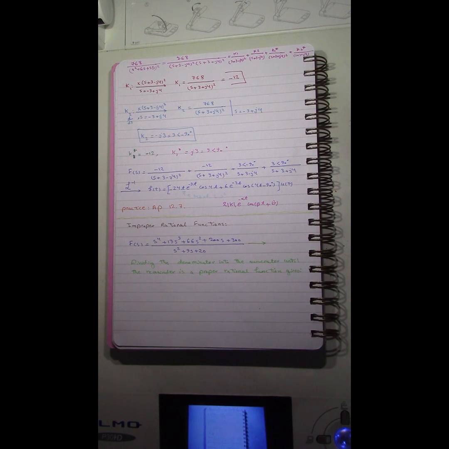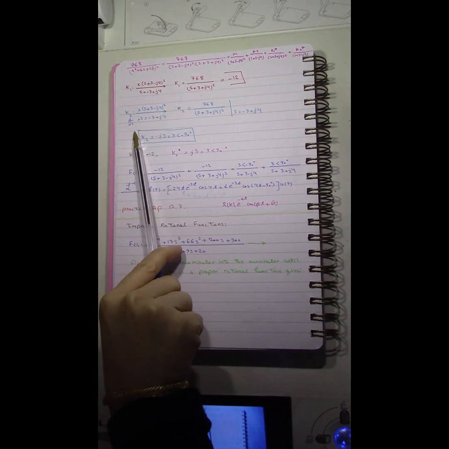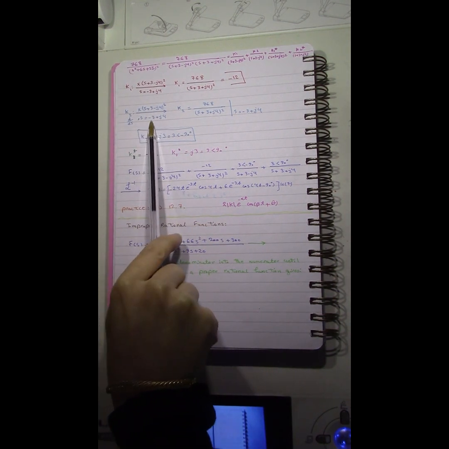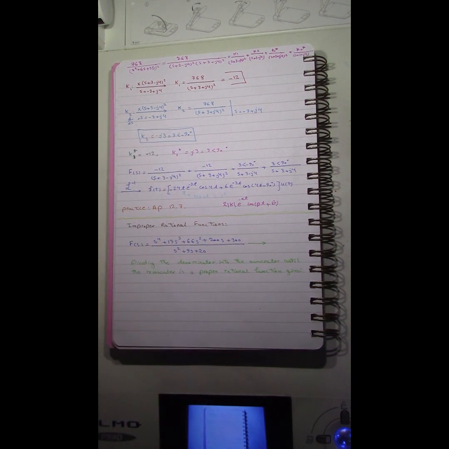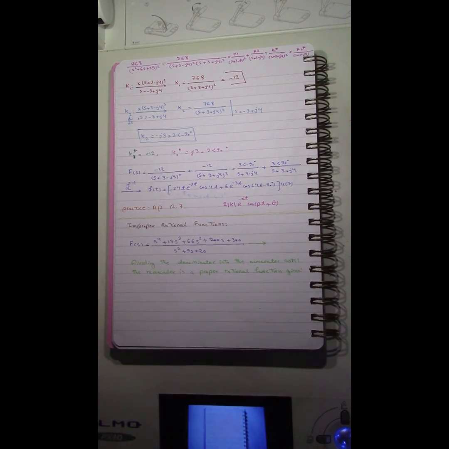Is that clear? Again, multiply by the whole term, which is square. It means multiply by the denominator of K1. Then after that, d over ds, and evaluate it at the root, which is minus 3 plus j4. So K2 will be minus j3, or 3, and the angle is minus 90 degrees.